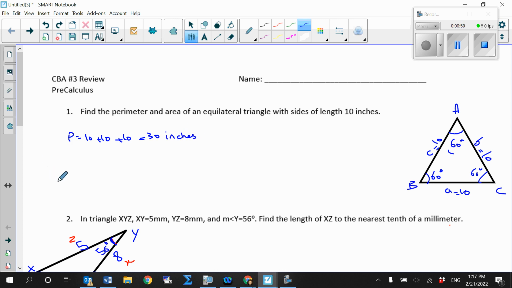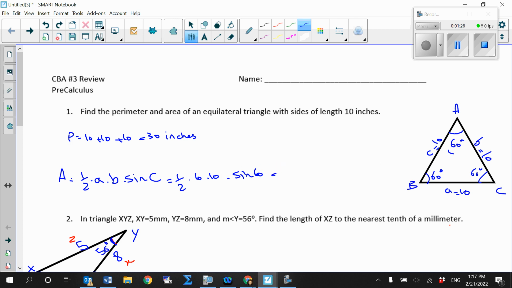To find the area, we're going to use this formula: 1 over 2 times a times b times sine of angle C. So that's side a, side b, and the angle between them. So it's going to be 1 over 2 times 10 times 10 times sine of 60.